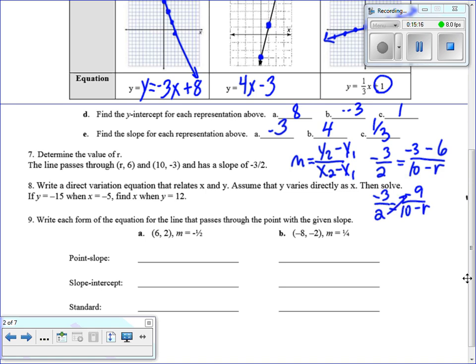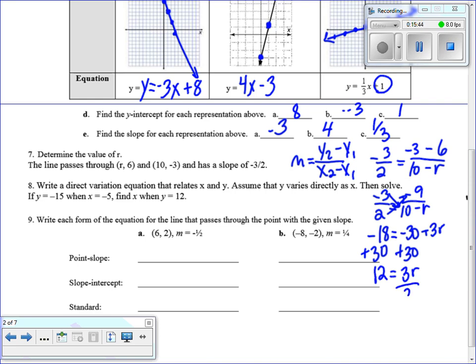So 2 times negative 9, that's negative 18, equals negative 30 plus 3r. That's what happens when we cross multiply there. Then add 30 to both sides, because we're solving for r. This gives us 12 is equal to 3r.